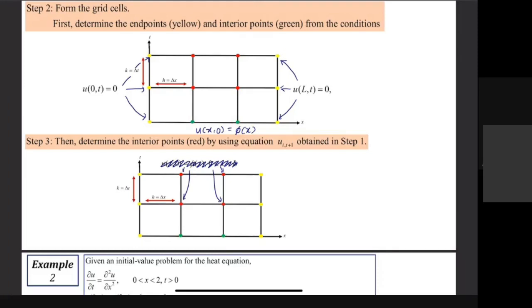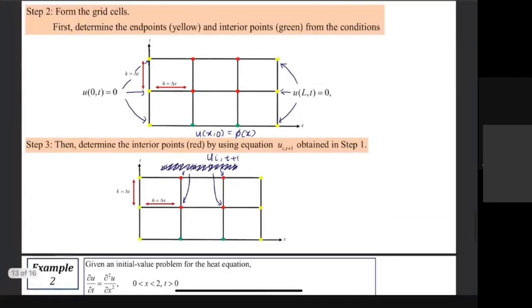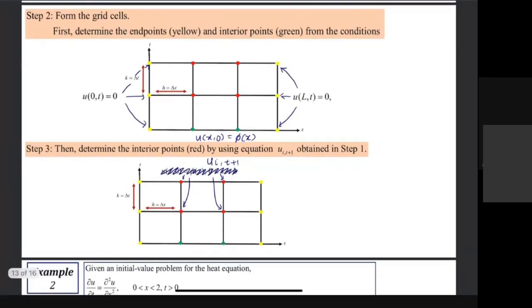Next, the red points you determine using the formula u i, t plus 1 that you determined in step 1 here. That's why we determine u i, t plus 1, because we want to determine these red points here. So complete. This is the solution for the finite difference method.